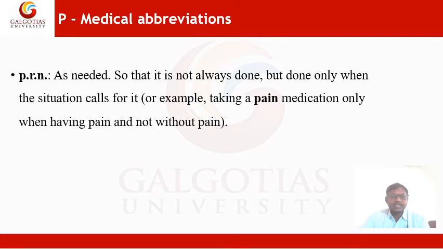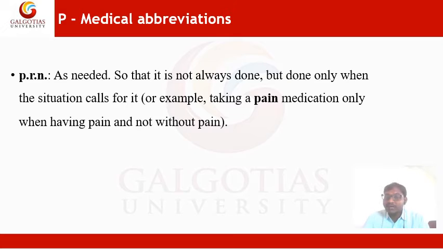Next one is the continuation of the P medical abbreviations. P dot R dot N dot, as needed, so that it is not always done, but done only when the situation calls for it. For example, taking a pain medication only when having pain and not without pain.